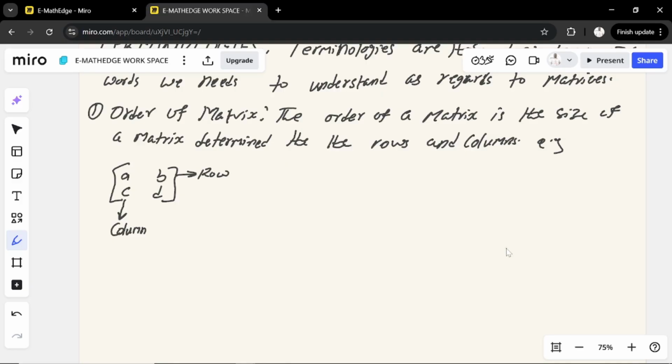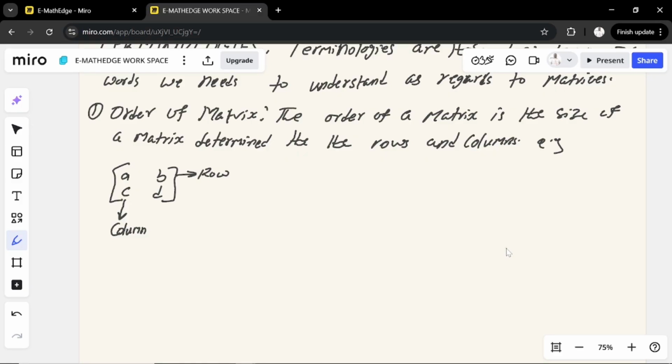So having known that a horizontal array of numbers makes up the row and a vertical array of numbers makes up the column, it will now be easy for you to identify the size or the order of this matrix.